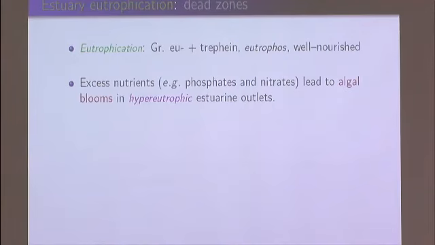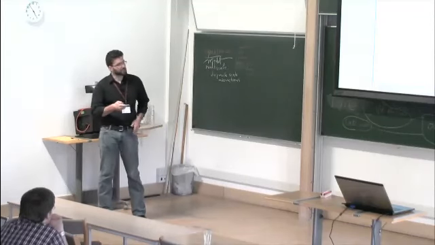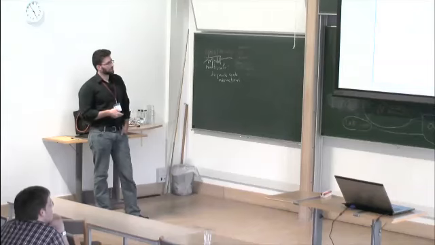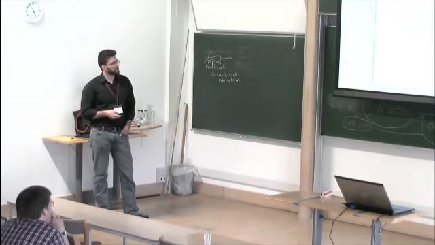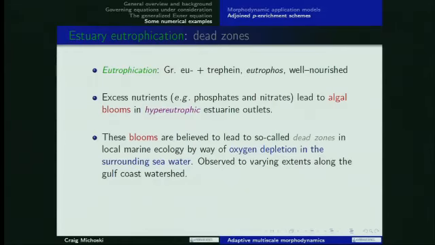And when that happens, it just kills everything. You get these algal blooms because of the high phosphate and nitrate levels, and then the algal blooms consume all the oxygen in the water and kill everything. It's just ecological destruction. And this is a problem along the Gulf Coast in general because of the types of fertilizers that have been used in such large amounts.